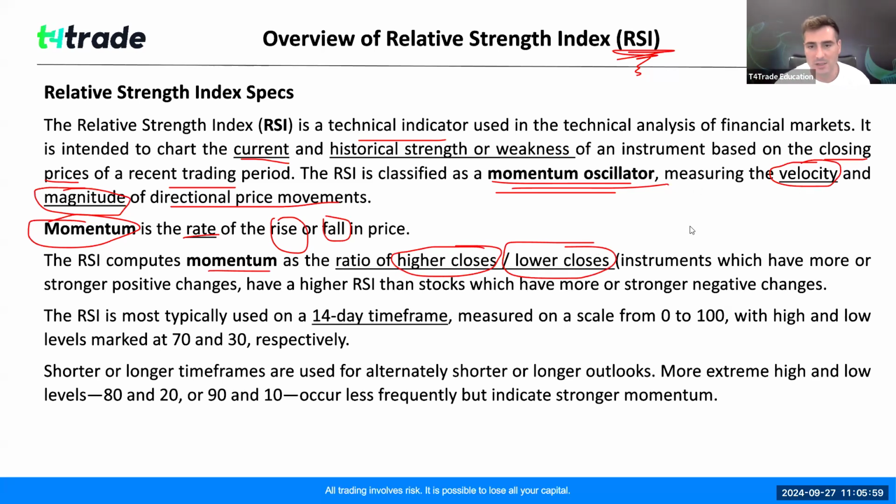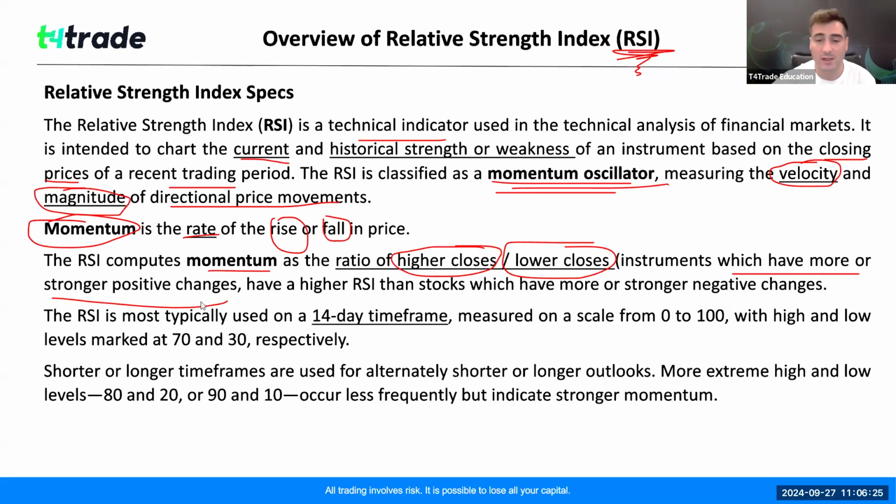Okay. So instruments that have stronger positive changes. For example, you have an instrument that has rallied 7 days and then came back 3 days. So 7 days are positive, 3 days are negative. You have a positive RSI value, obviously, because you have 7 days and then 3 days of pullback. You clearly see that the bulls are in control of this move.